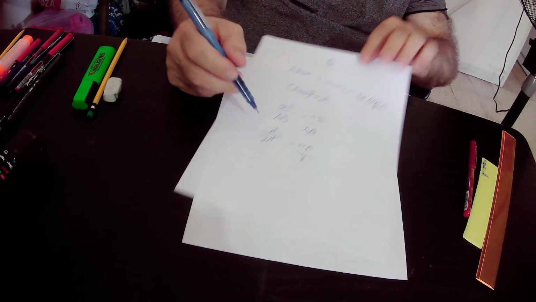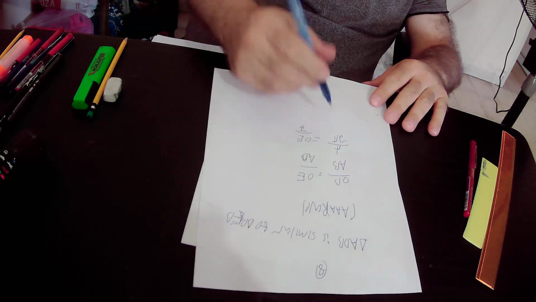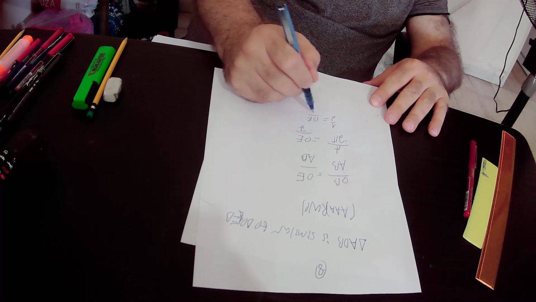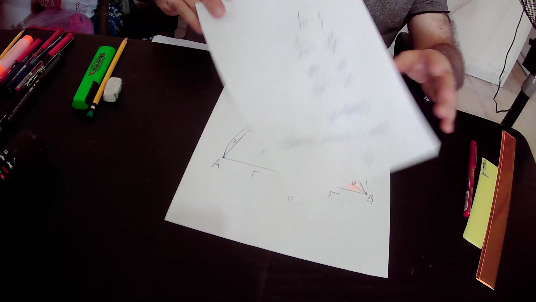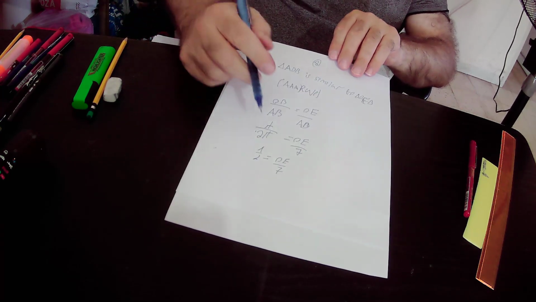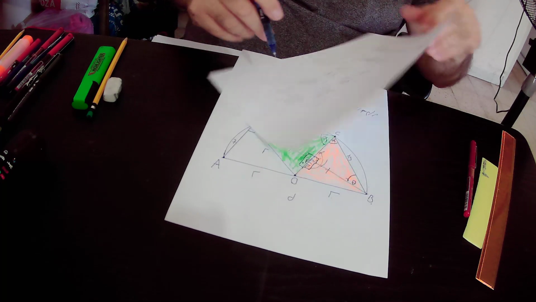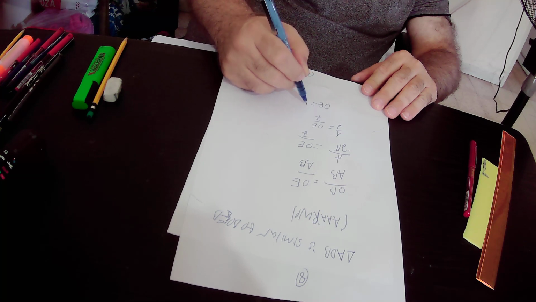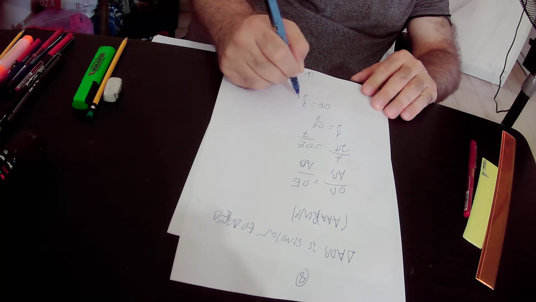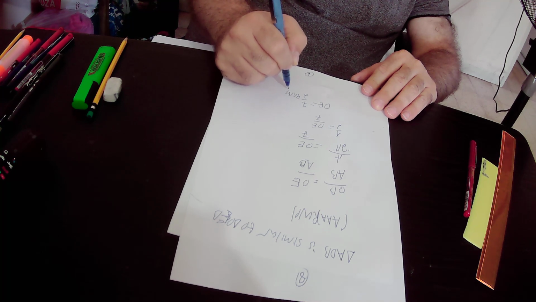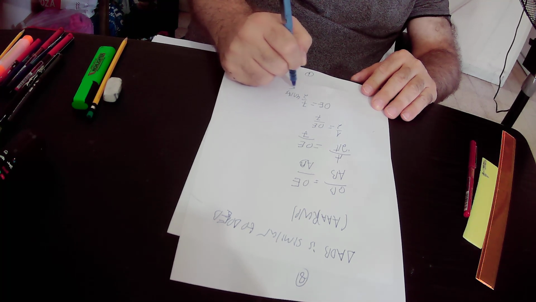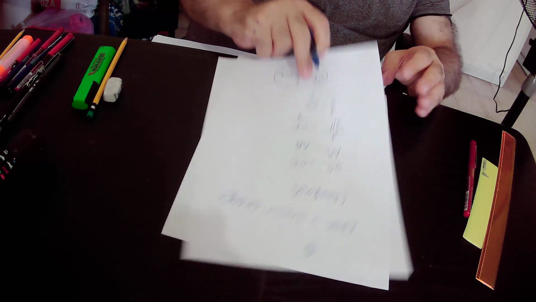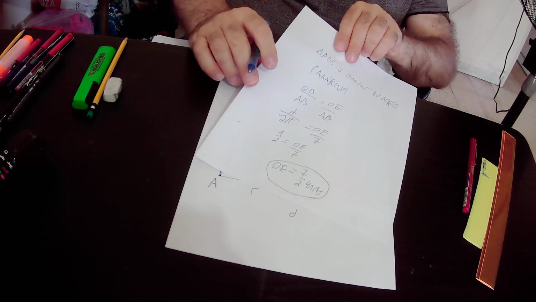So here we are left with 1 over 2 equals OE over 7. Here we will multiply this equality by 7 and we will get that OE equals 7 over 2 units. This is actually 3.5 units.